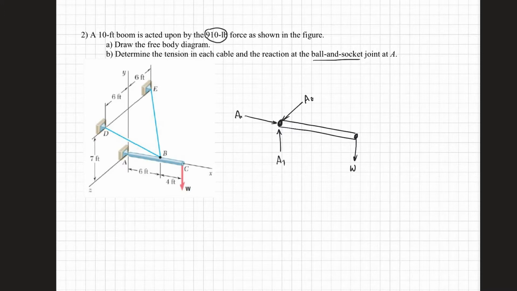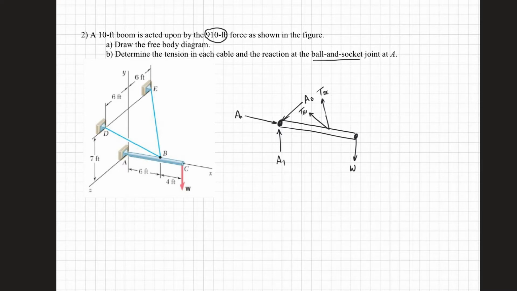One tension is going to be up in here, and that's going to be TBD. And then one tension is going to be going like this, and that's going to be TBE. So those are the tensions in the lines. I'm going to move this one away so it doesn't confuse me as to which is which.